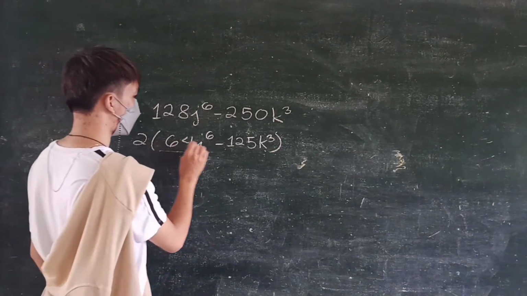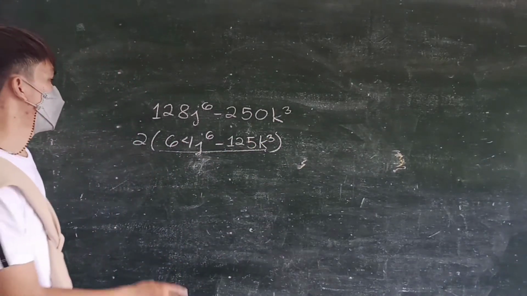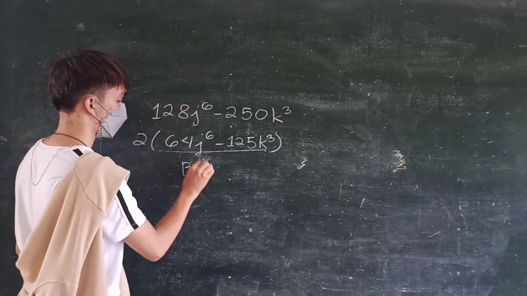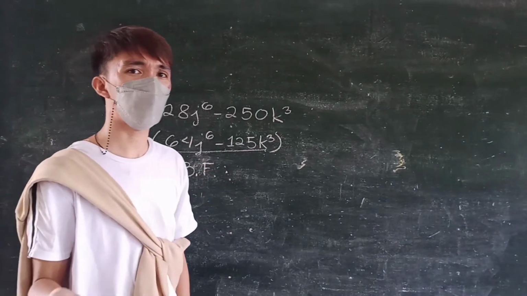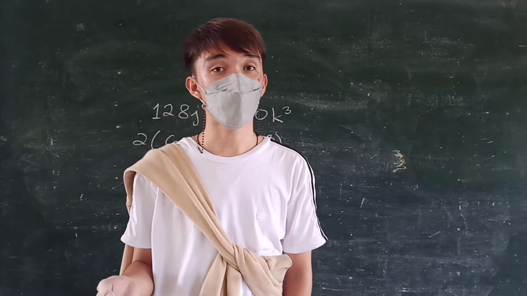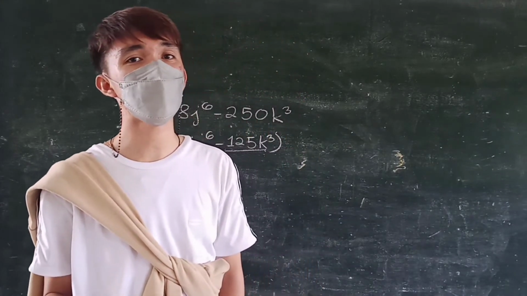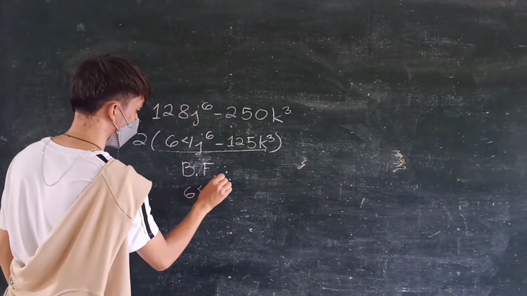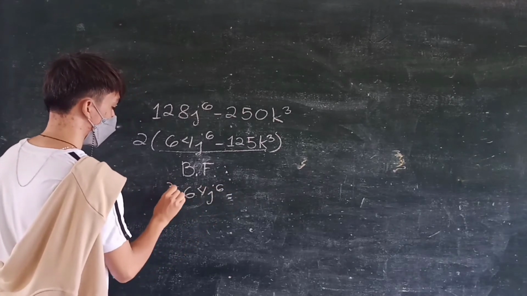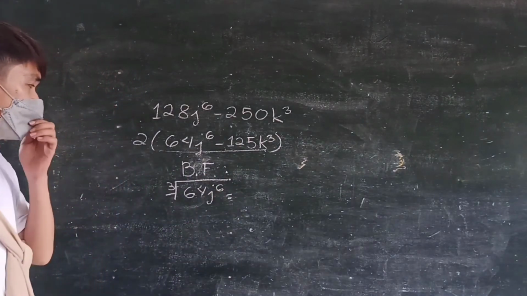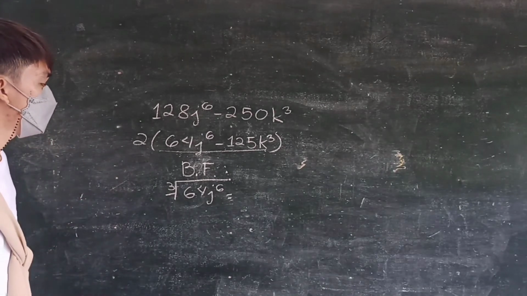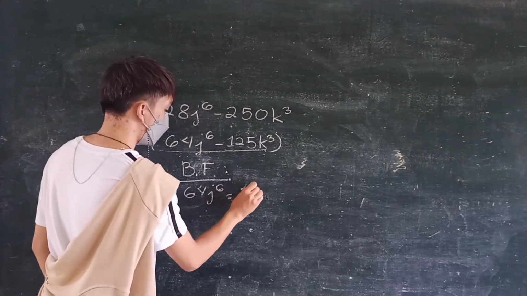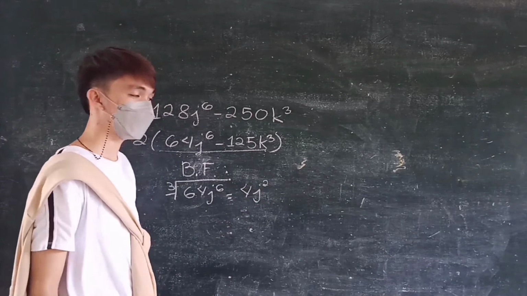So it's time to factor this. First, we have to look for the binomial factor. So how are you going to find the binomial factor again? All we have to do is get the cube root of the first and the second term. The cube root of 64j to the power of 6 is 4j squared.